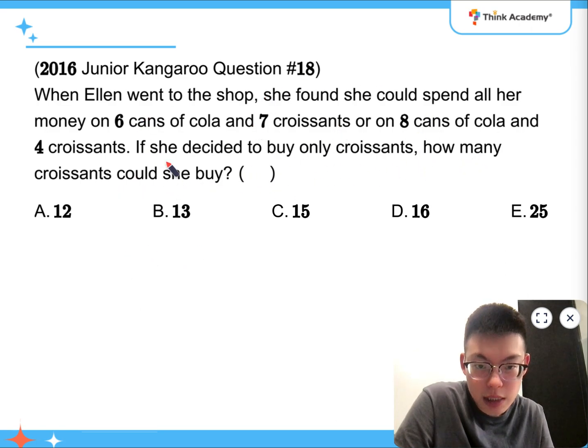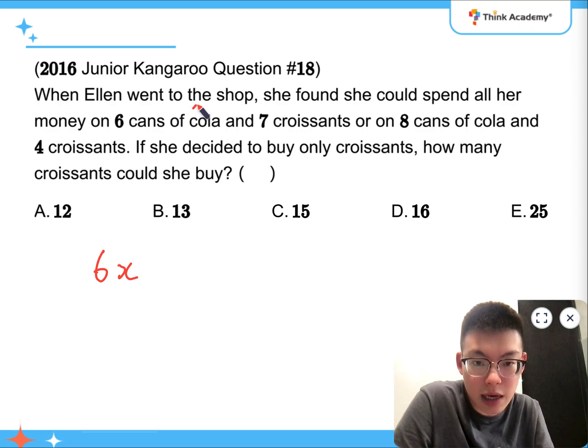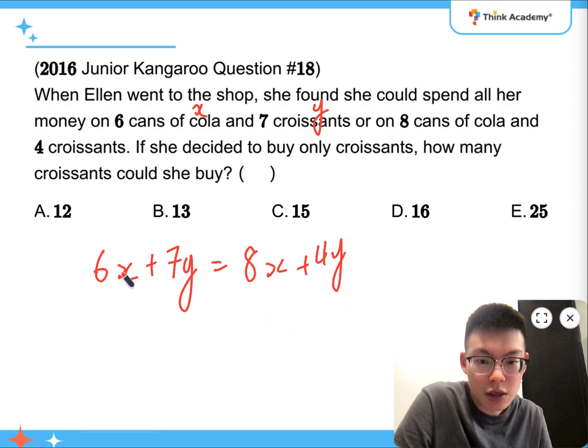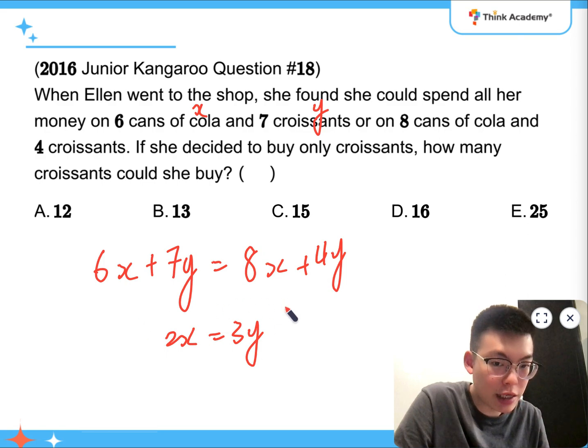So let's take a look at the relationship. If 6 cans of cola, let's say X, and 7 croissants, let's say Y, is equal to 8X adding 4Y, then 2X is equal to 3Y after rearranging.